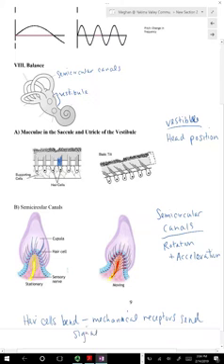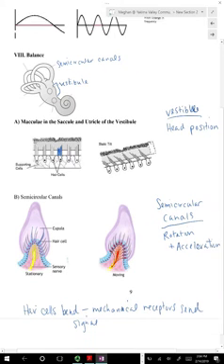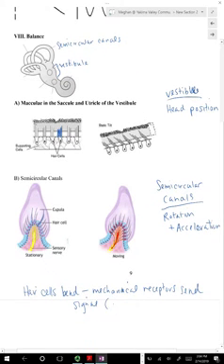They're actually bending, and then sodium comes into the cell. I'm just going to say sodium influx. So they're going to end up depolarizing that cell because of the sodium influx.